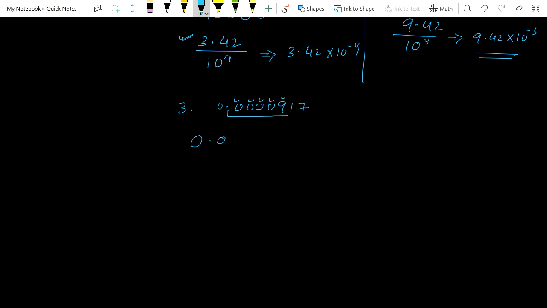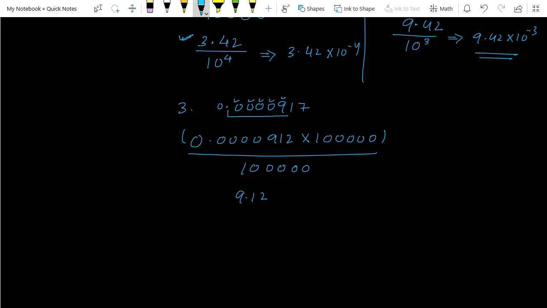We have to multiply the number by 1 with 5 zeros, 1, 2, 3, 4, 5, and also we have to divide the number by 1 with 5 zeros. So the result of the upper multiplication is 9.12, that is a, and the denominator is 10 raised to 5. Now the scientific notation is 9.12 into 10 raised to minus 5.